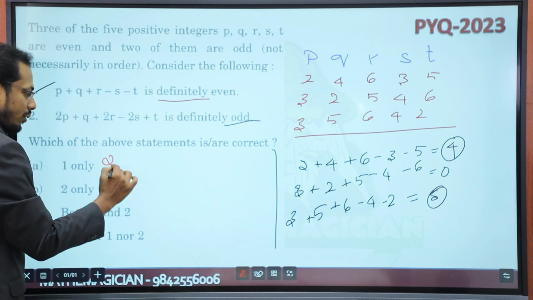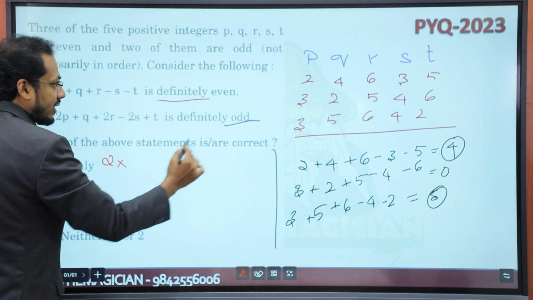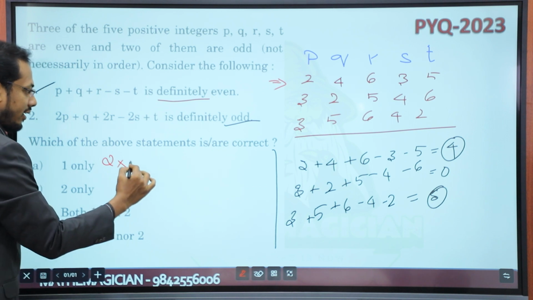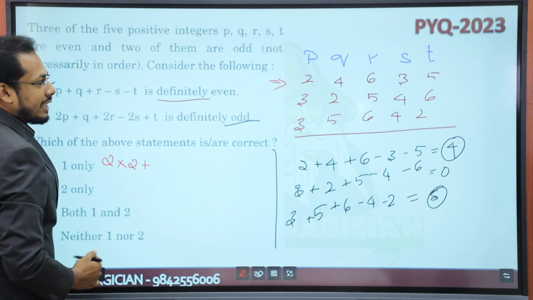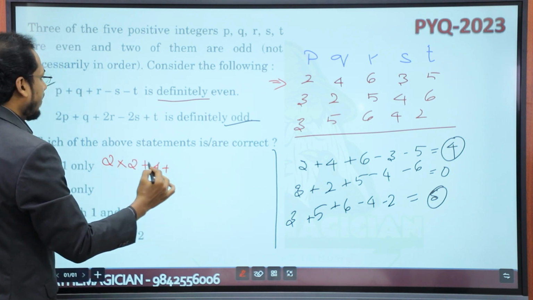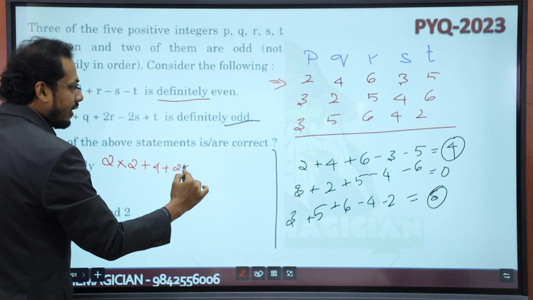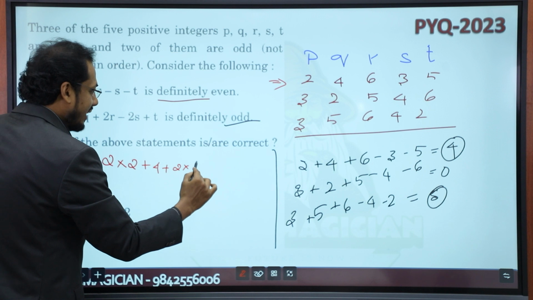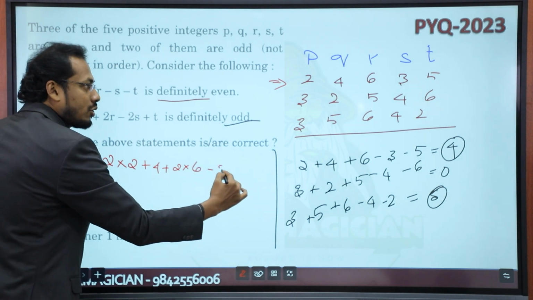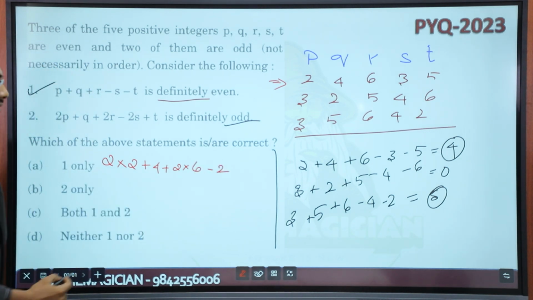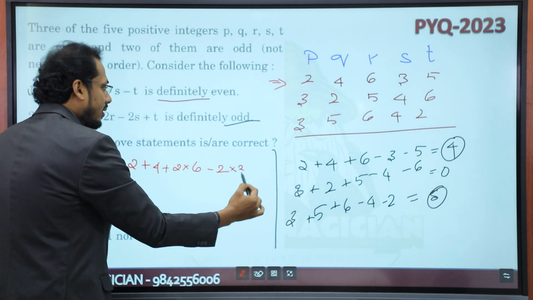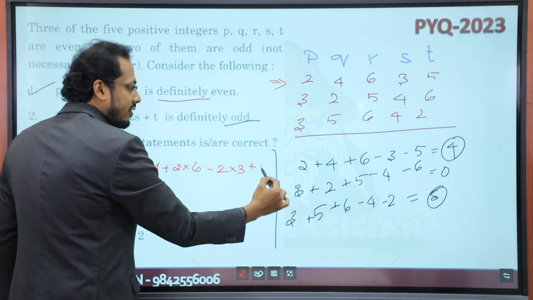First we are going to check with this combination: 2 into p, that is 2 plus q is 4 plus 2 into r, so 2 into r is 6, then minus 2 into s, which is 3, plus t, that is 5.